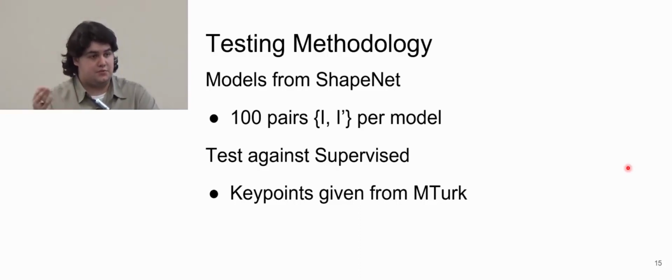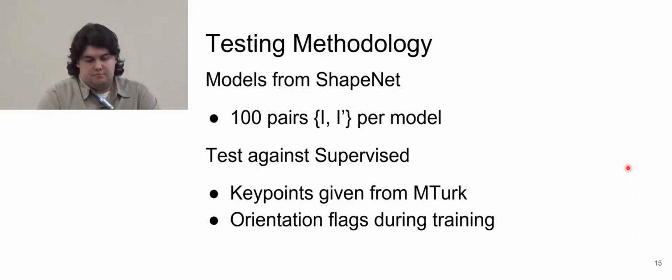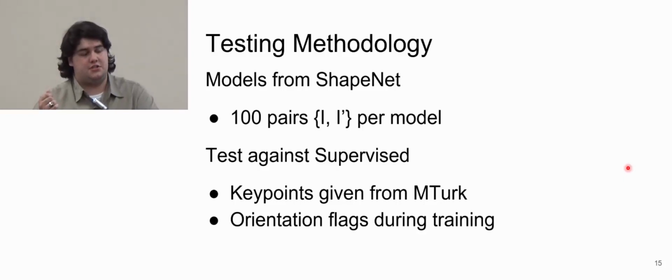They took the average of those, and those are the ground truth that they'll be comparing against. And something else they also have to take into account is that sometimes with the supervised method you need to specify an orientation, such that if you're looking at the left side of a chair or the left side of a car, you might not be able to differentiate it from the right side or even the front or the back.